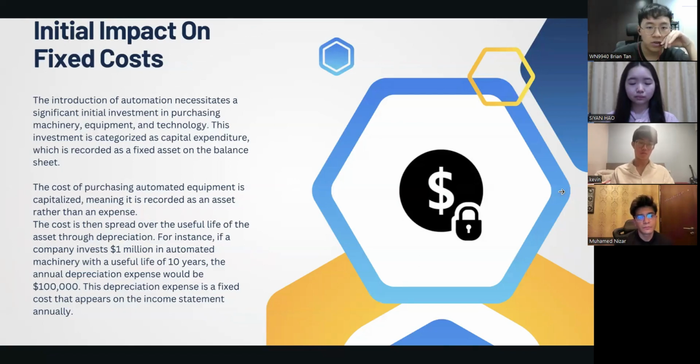The cost is then spread over the useful life of the asset through depreciation. For instance, if a company invests $1 million in automated machinery with a useful life of 10 years, the annual depreciation expense would be $100,000. This depreciation expense is a fixed cost that appears on the income statement annually. Next slide, please.